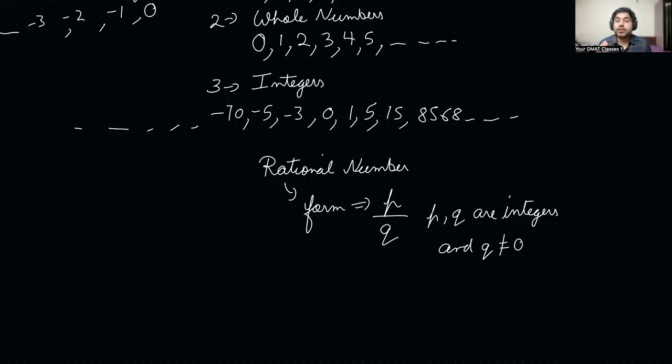So any rational number is a number which can be written in the form P by Q, where both P, Q are integers and Q is not equal to 0. We'll circle back to this, but I just wanted to introduce the definition of rational numbers, because the only thing you need to understand the definition of a rational number is integers. And now we understand integers. Integers are all whole numbers and numbers with a negative sign as well, and no fraction part.